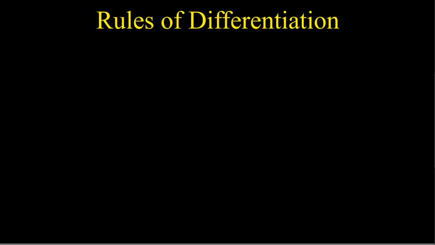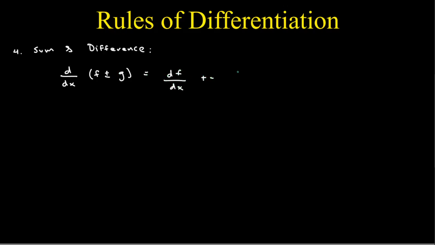Okay, so the sum and difference rule. The fourth rule says the derivative with respect to x of two functions, f plus or minus g, is equal to the derivative of f with respect to x plus or minus the derivative of g with respect to x.